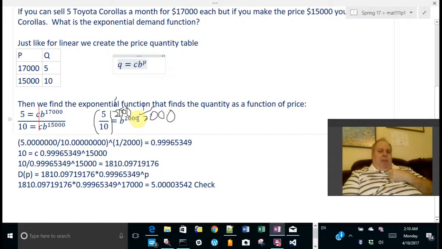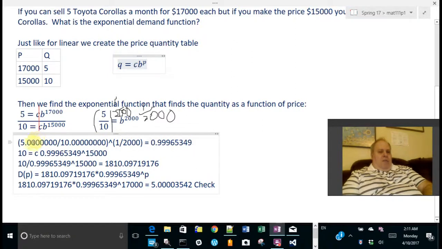Now to get b by itself, I take both sides to the power 1 over 2,000. And when you take a power to a power, the powers multiply, and that will give us just b. So I took 5 over 10. Now I put a lot of zeros because the number of zeros I put here corresponds to the number of digits it gives me here.